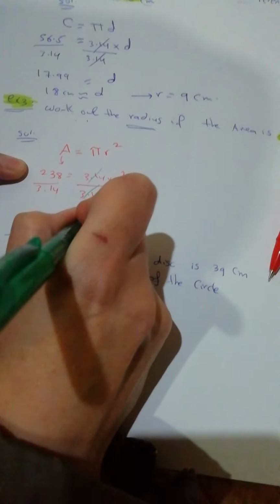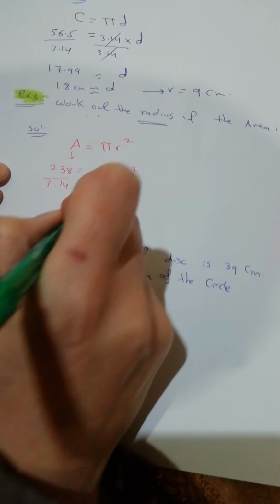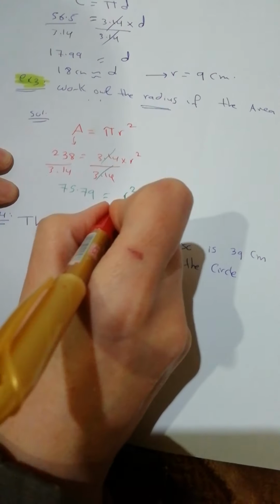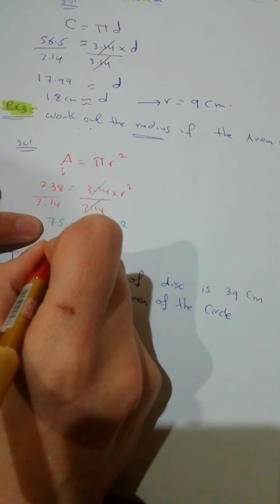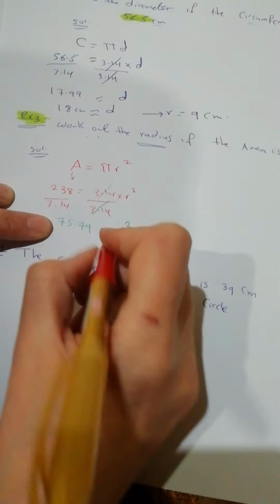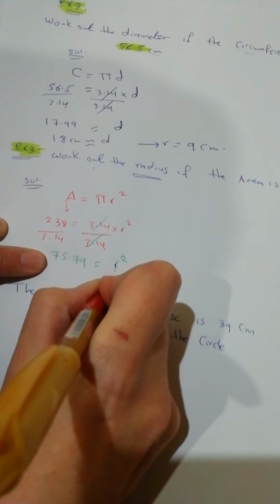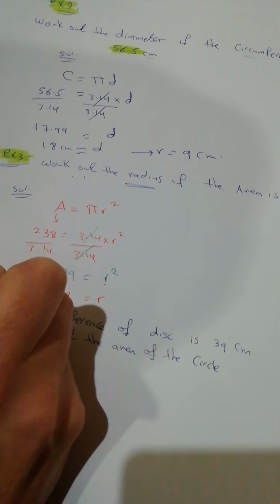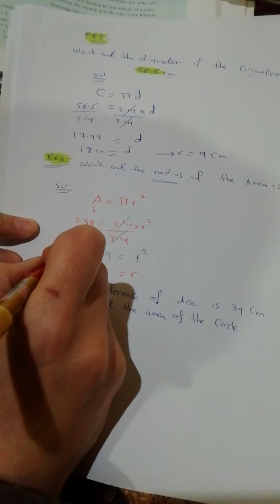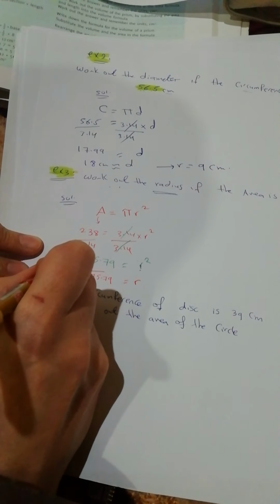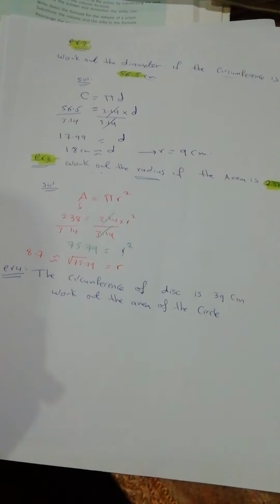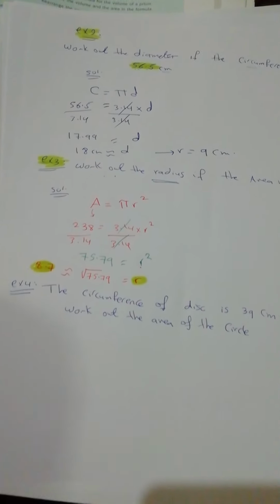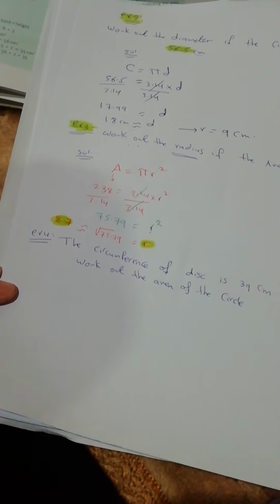Now r squared equals 75.79. Okay, so you need to take a square root of both sides, so r equals the square root of 75.79, approximately 8.7. So here the radius is 8.7.